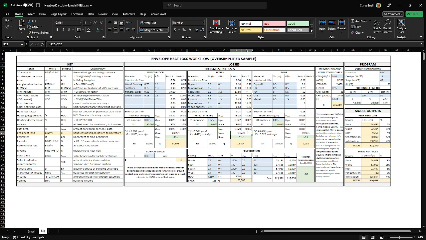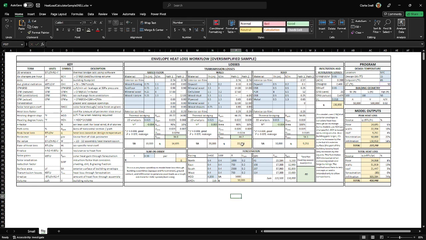But the point is, if we calculate the square footage, the surface area of that wall, with all this information, we can get a peak heat loss because we're now using the delta T. We're saying the surface area times the U value times the delta T, which is the 50.